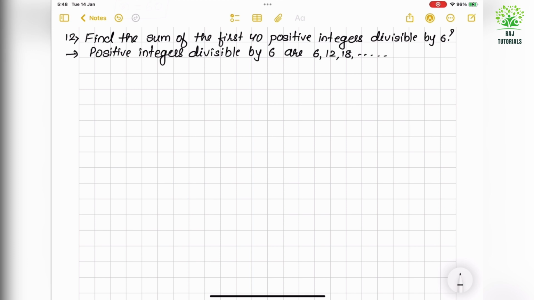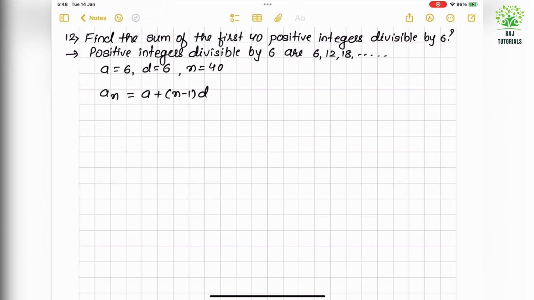Now here a is 6, d is also 6 and n I don't know. See, here I am told n is 40, so I can use that to find the last term. So an equals a plus n minus 1 d. One method is that first I find the last term and then I find the total, or I can use the Sn formula directly also.